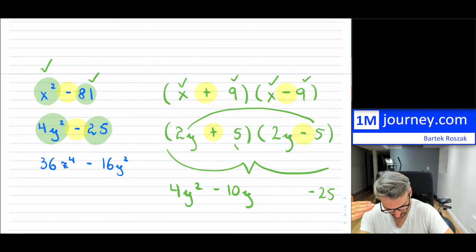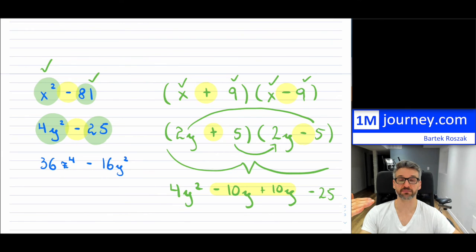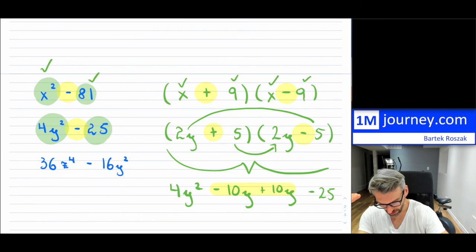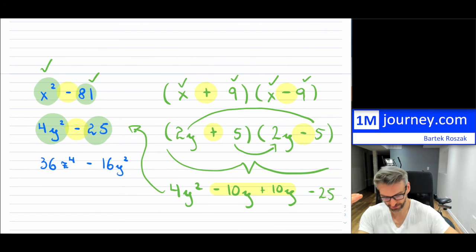And then you're going to take these two terms and multiply them, so this is going to get plus 10y. And notice that indeed this drops out. Minus 10y plus 10y is 0. So you return back to what you started with right here. That is called a difference of squares.